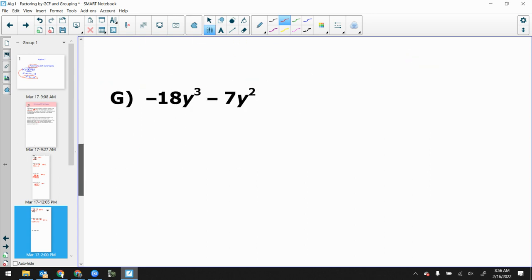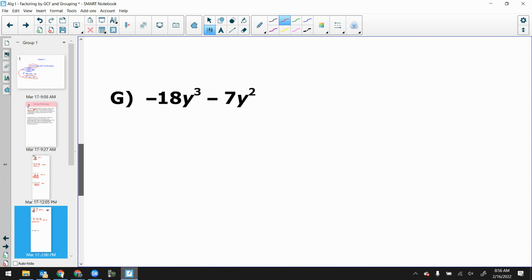Okay, let's take a look at our last one here. Prime. No, that's why I wanted to do this one. Because you look at this and you say, oh, 18 and 7 prime. The problem with that is, look at the variables. Don't they have variables in common? Yeah. Don't be so focused on the numbers.